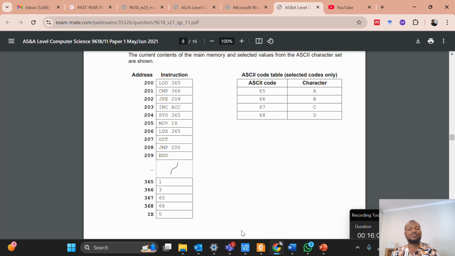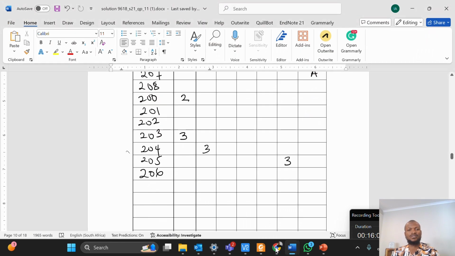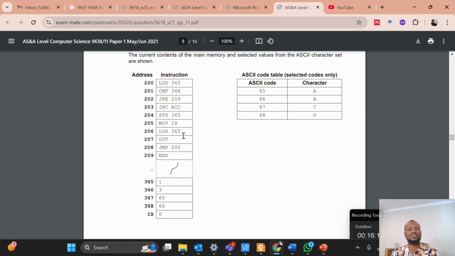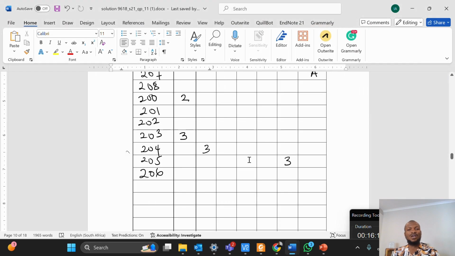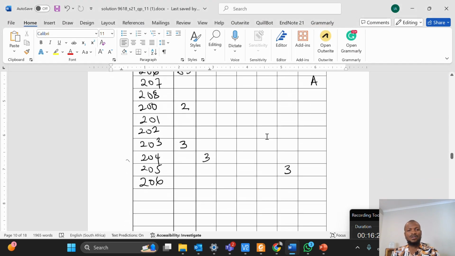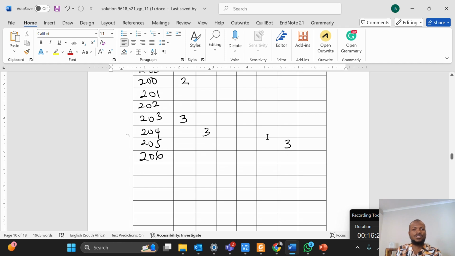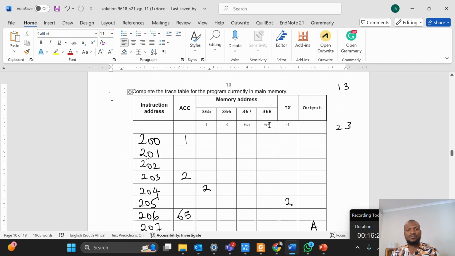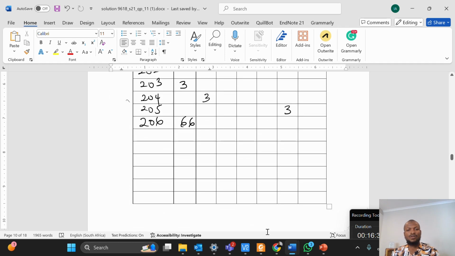What is the content of the index register? That is 3. 3 plus 365 is 368. So you now load the content of 368 into the accumulator. What is the content of 368? 66. So we load 66 into the accumulator. I hope this is understood.